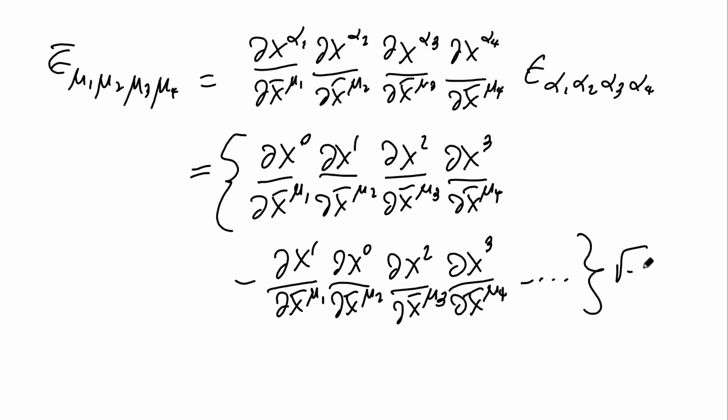All of that times square root of minus g. So we have in here all of the possible even and odd permutations of 0, 1, 2, 3 appearing in the numerators. Now let's take a look at these free indices, the mu's.